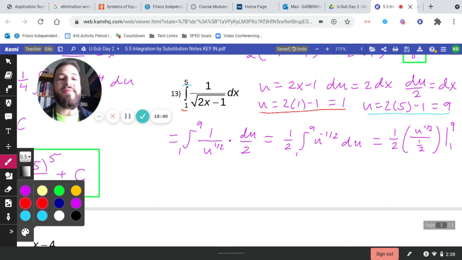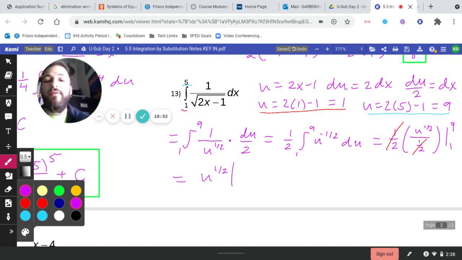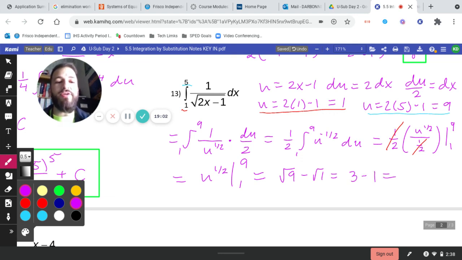The 1/2 and dividing by 1/2 are going to simplify. That's awesome. So then this is just the integral of u to the 1/2 from 1 to 9. That's super easy. This is equal to the square root of 9 minus the square root of 1, which is equal to 3 minus 1, which equals 2.